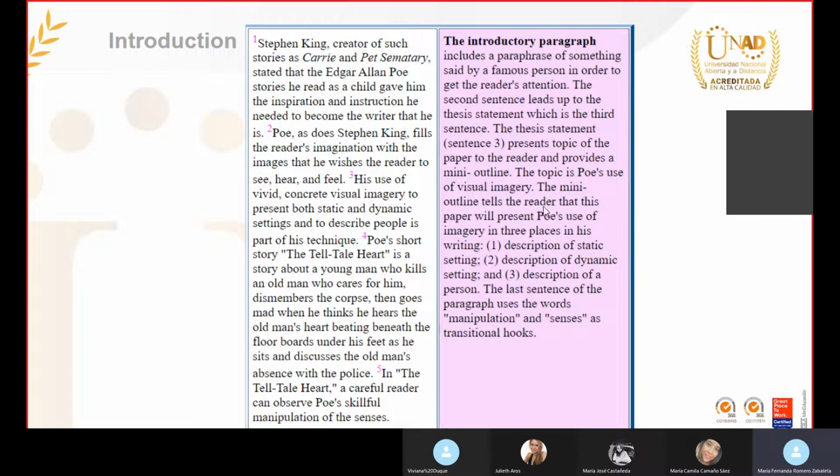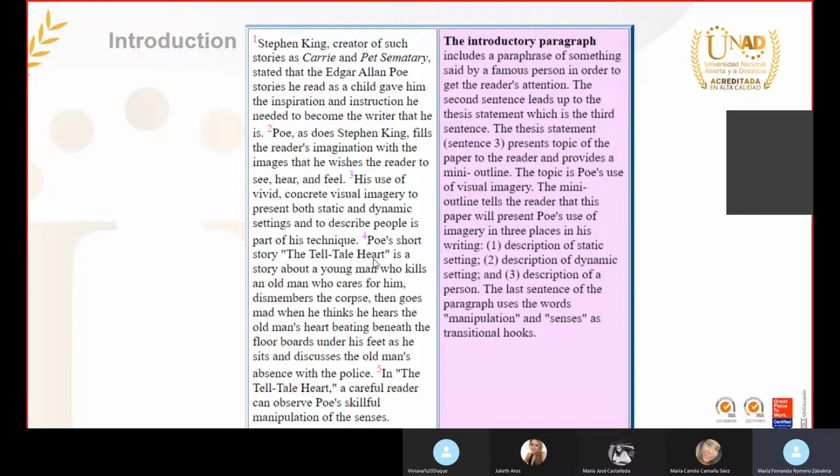The mini outline tells the reader that this paper will present Poe's use of imagery in 3 places in his writing. First, the description of a static setting. 2, the description of a dynamic setting. And 3, the description of a person. How does he say that? To present both the static and dynamic settings and to describe people is part of his technique. And that is it. Okay.